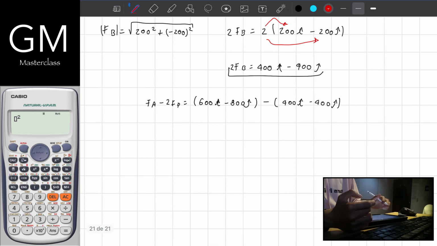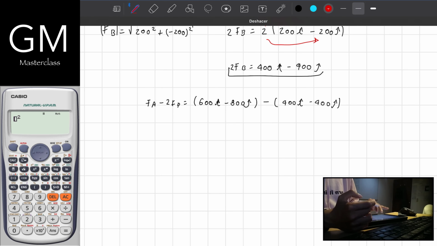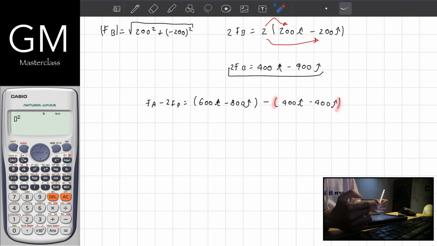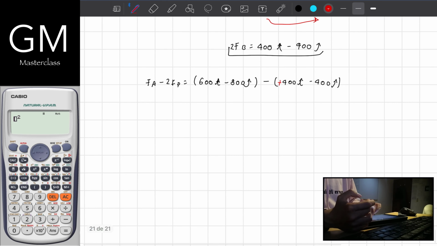Remember that when we have a negative sign outside of the parentheses, all we have to do is change the sign next to each value inside. So, for example, here I have a positive number, and here I have a negative number. That means I should change everything within that parenthesis. So FA minus 2FB is equal to 600 in the I direction minus 800 in the J direction, which doesn't change.